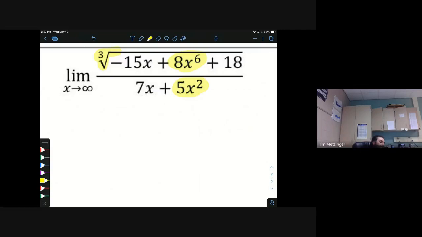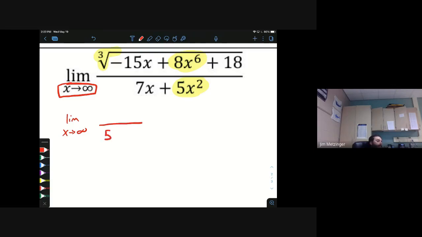I only do this for when x approaches infinity problems. We're looking for biggest degree terms, because as x gets farther and farther away from 0, the largest growth rate terms are going to dictate the value the most.